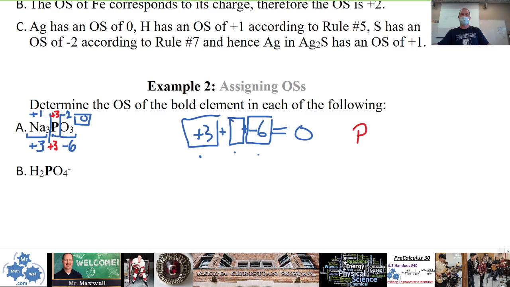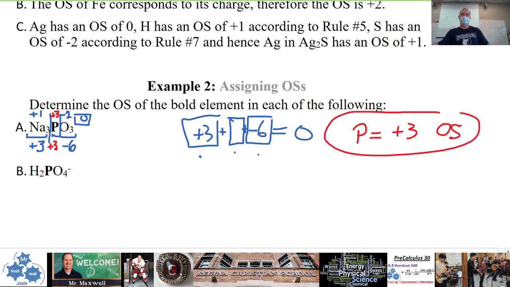So phosphorus has an oxidation state of +3. You see that? Yay? Nay? So-so? Questions? Okay.